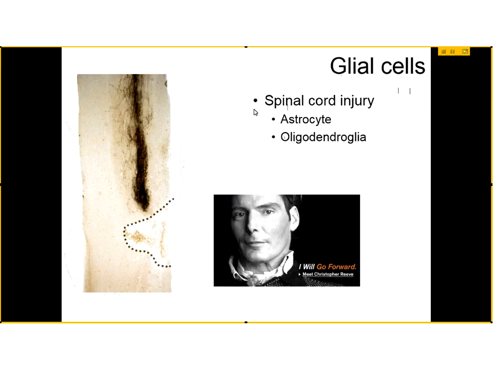They would continue to die, release all their neurotransmitters. The next neuron would become excited and it would die, and it would create this domino effect. Astrocytes create a physical barrier to stop that. But in creating that barrier, they create this scar tissue that doesn't allow those neurons to grow through that.